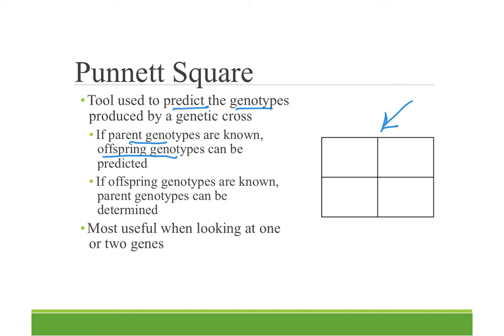And this is the most common way that Punnett squares are used. But you can also work the other way. If you know the offspring genotypes, you can go backwards and figure out what the parent genotypes had to be in order to produce that particular offspring combination. Punnett squares are most useful when you're only looking at one or two genes, because it just gets to be too big of a chart if you're dealing with more alleles than that.